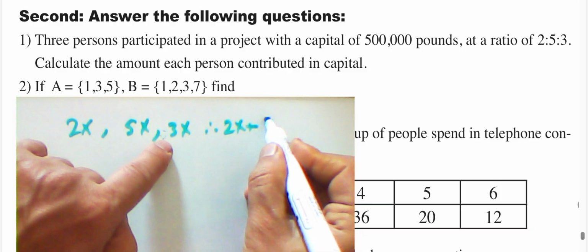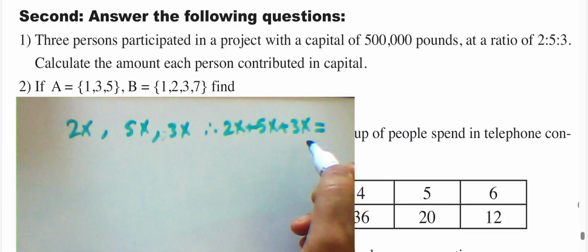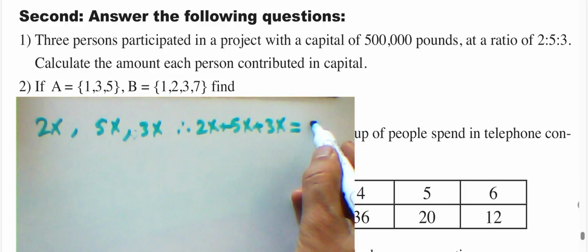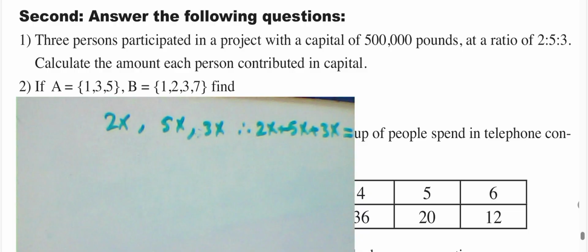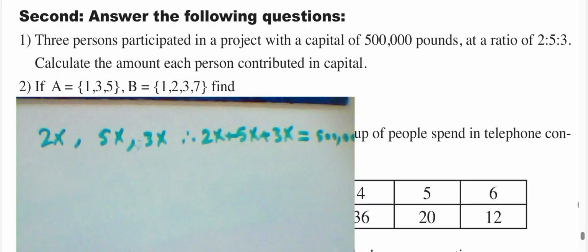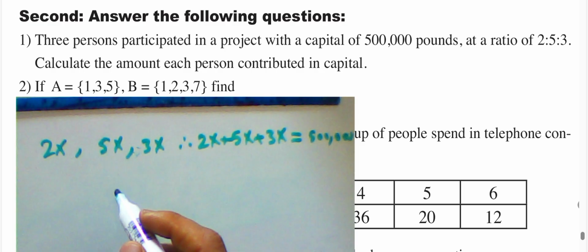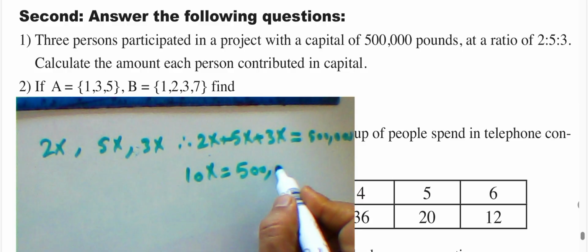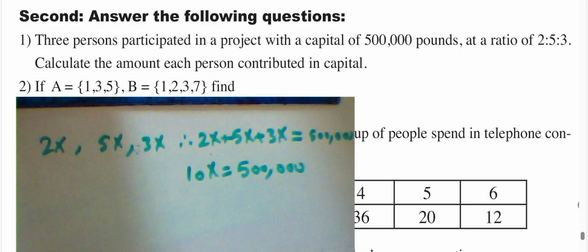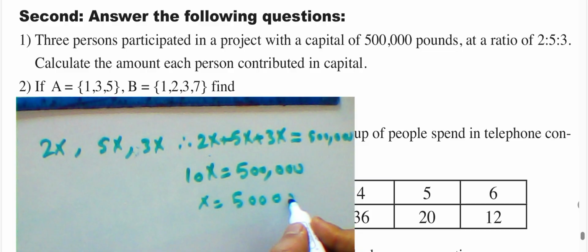Then 2x plus 5x plus 3x equals 500,000. Collect all the numbers, then divide by the coefficient. 2 plus 5 is 7, 7 plus 3 is 10, so 10x equals 500,000. Then the value of x will be 50,000.